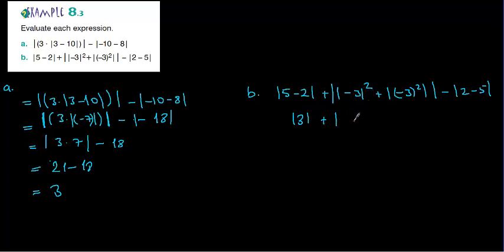minus 3 square, because absolute value of minus 3 is going to be equal to 3, and minus 3 square is equal to 9. Pardon, I forgot this one, plus sign, it's going to be absolute value of minus 3 square is 9, so it's going to be equal to absolute value of 9, and here minus 2 minus absolute value of 5 is equal to minus 3.